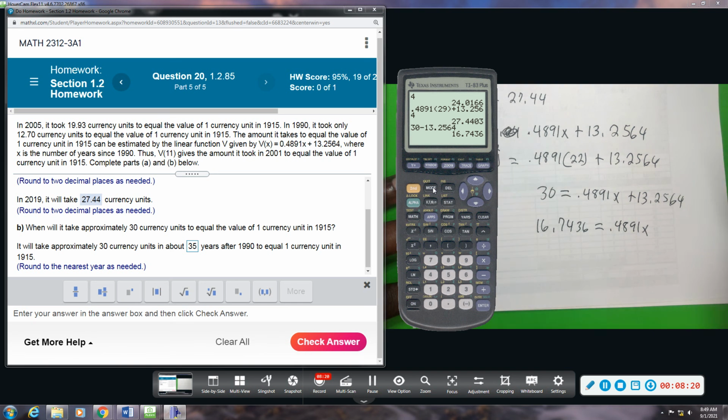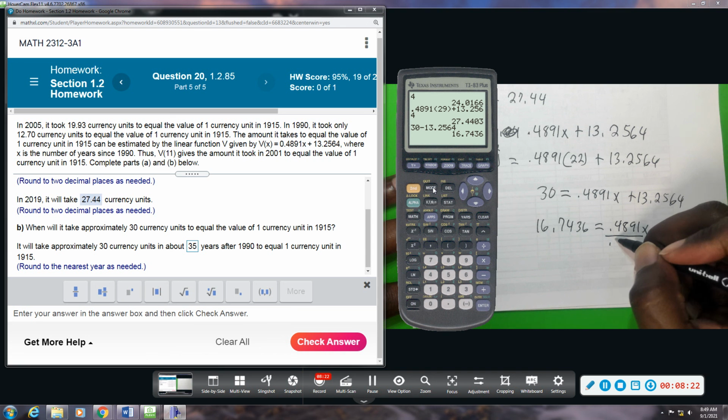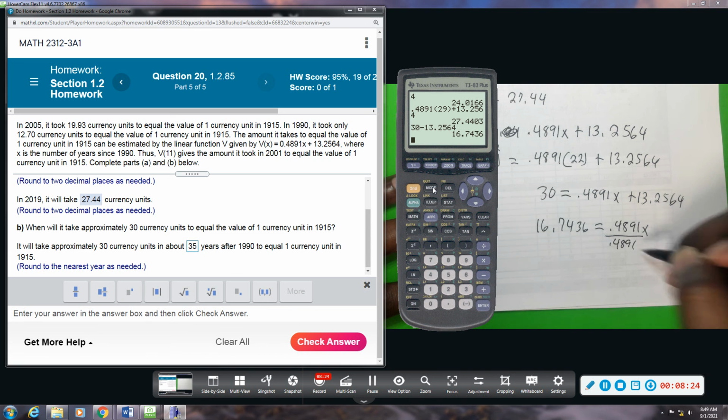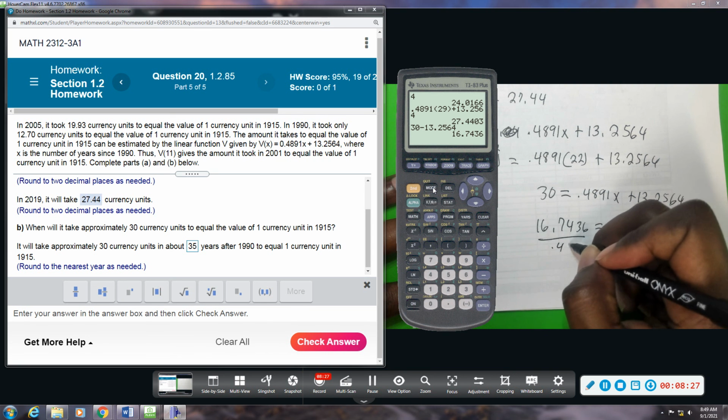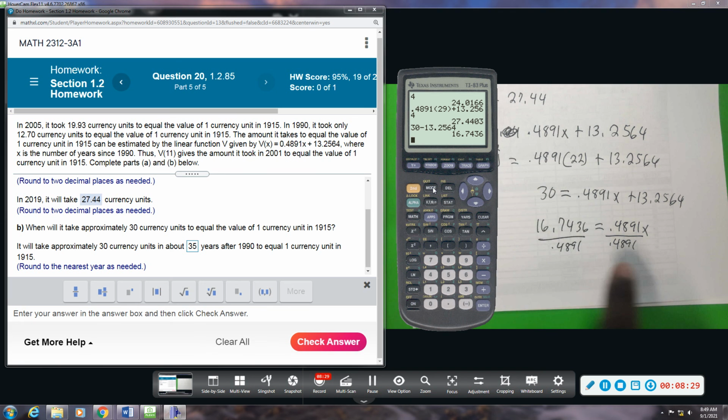Now we're going to divide by this 0.4891. So I'm going to divide the current answer by 0.4891.